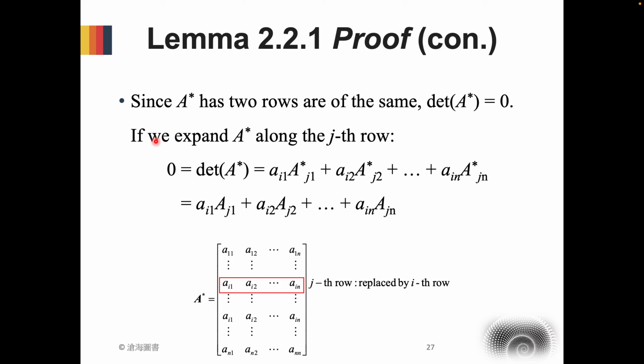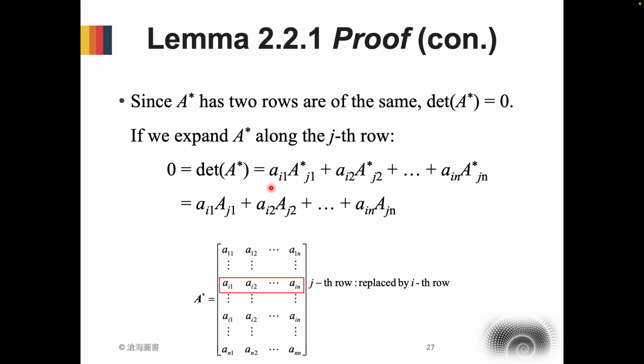So if we expand A star along the jth row, then 0 is equal to the determinant of A star. This is the property we mentioned in section 2.1. And if we do cofactor expansion along the jth row of A star, it is like we do cofactor expansion along this row.